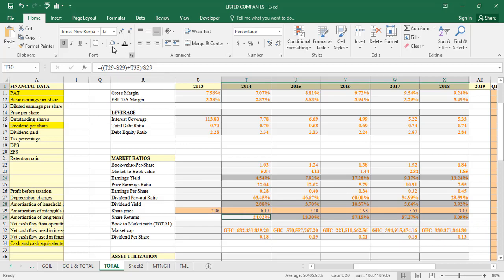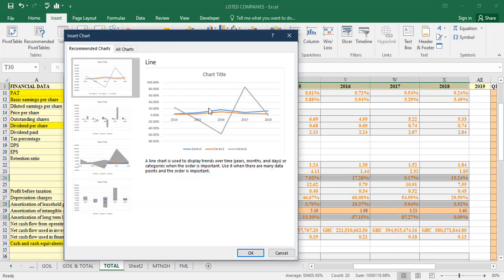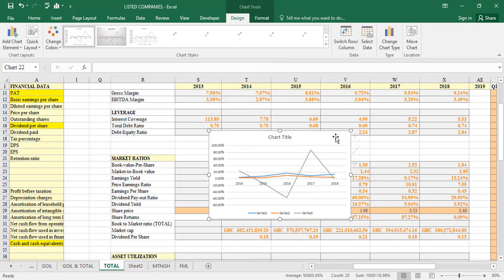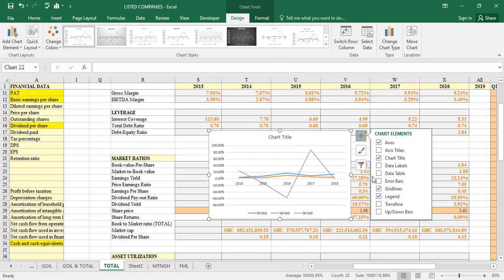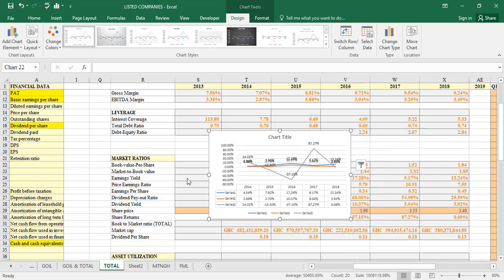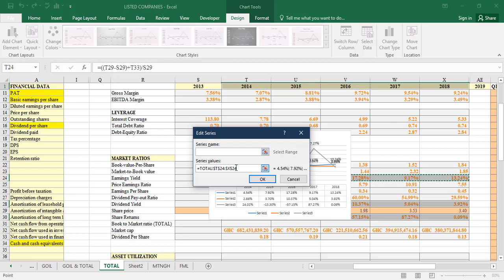Okay, so let's insert our charts. Good, there we have it. Now let's showcase our labels. So we have data labels here, and then rename the series. So the first series is the earnings yield.